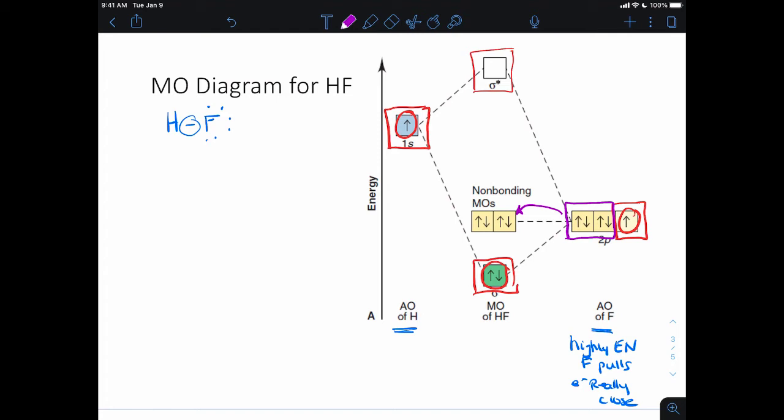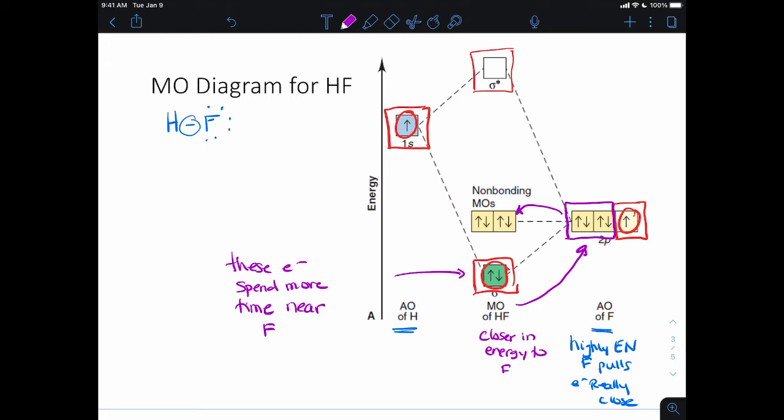Now, notice that this bonding molecular orbital is closer in energy to fluorine, which means these electrons spend more time, or have a higher probability of being, near the fluorine, which makes sense between hydrogen and fluorine. Fluorine is more electronegative, and those electrons are going to get pulled towards fluorine, and we see that in the energetics.